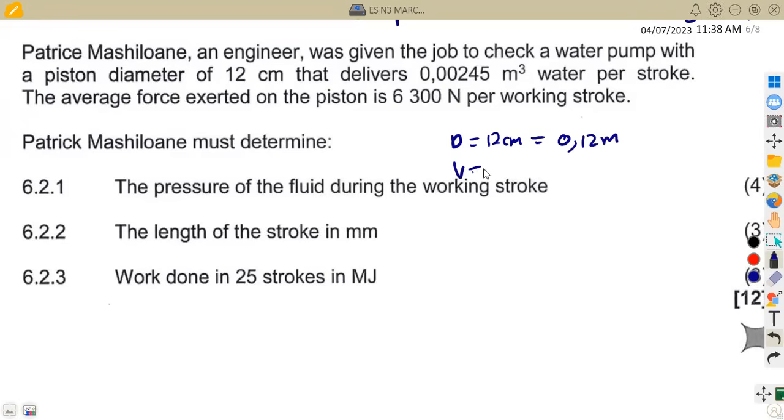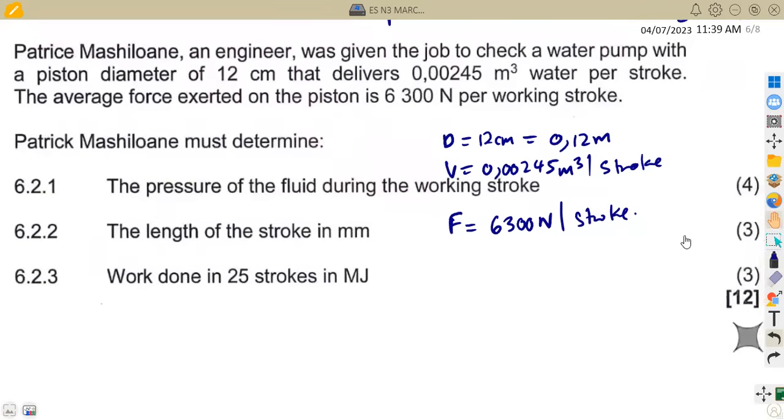Then the volume that it delivers is 0.0245 cubic meters per stroke. That is per each stroke. Also we are given the average force on the piston per working stroke of 6,300 Newton per working stroke in this case.